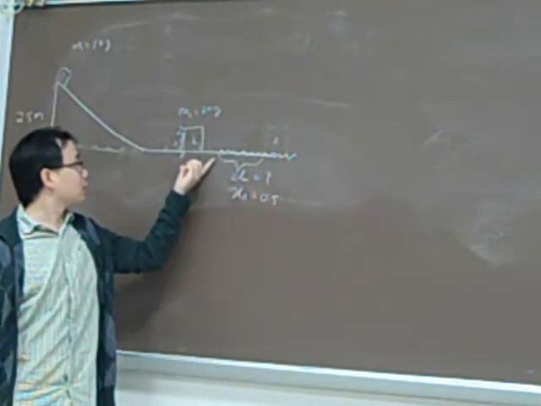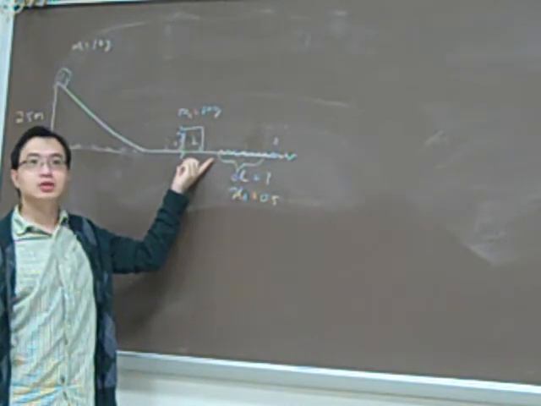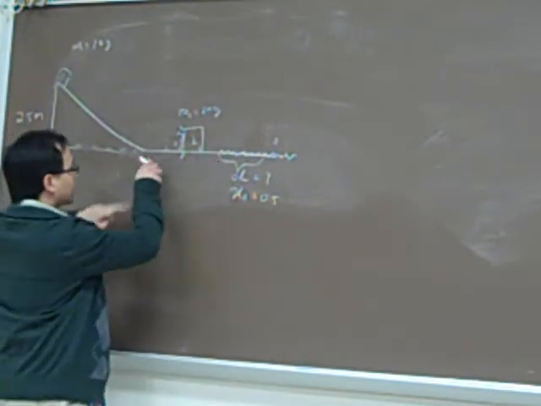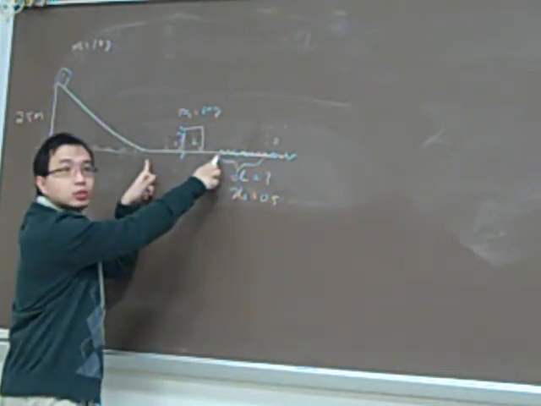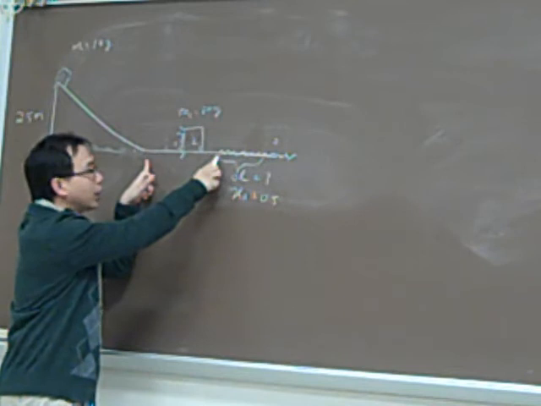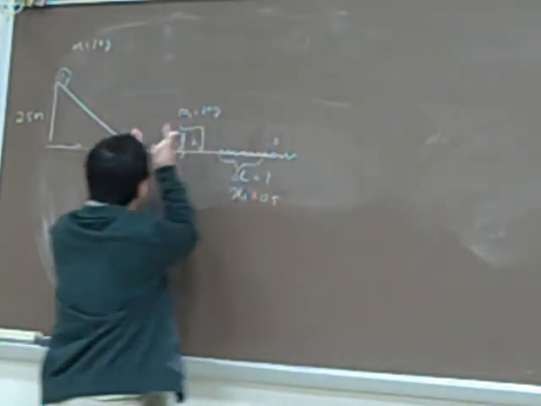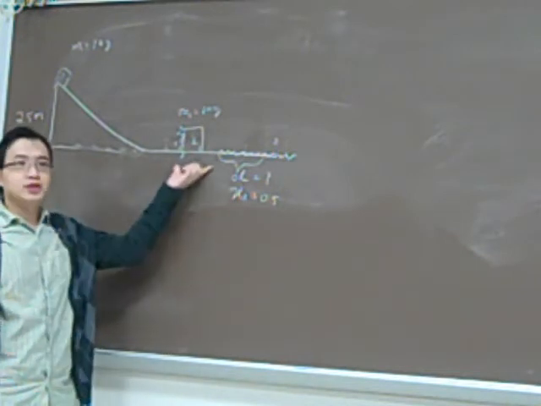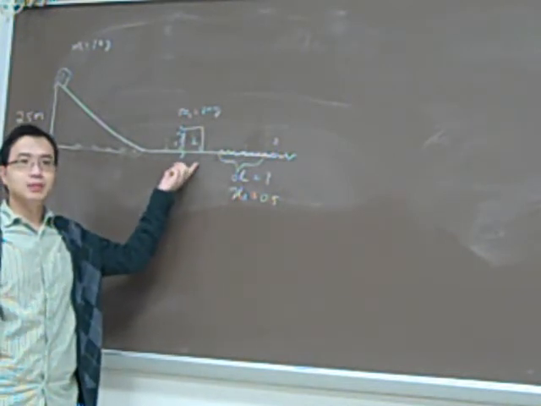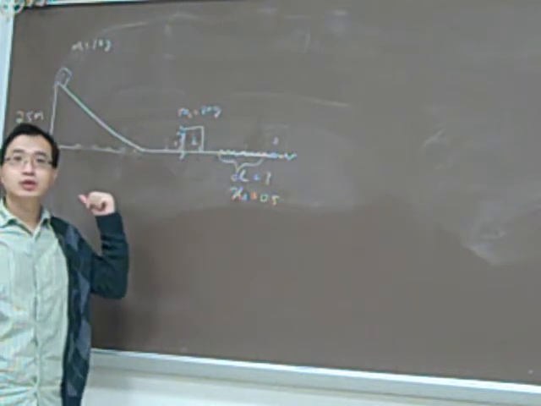It has nothing to do with how long this part is, right? So the distance of this part, can you see, is actually arbitrary. It wouldn't affect the problem. I can plot it to here or plot it to here. It wouldn't change the problem, because this part is frictionless. Okay? Any question here?